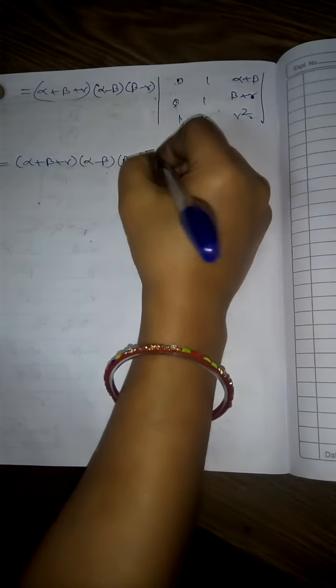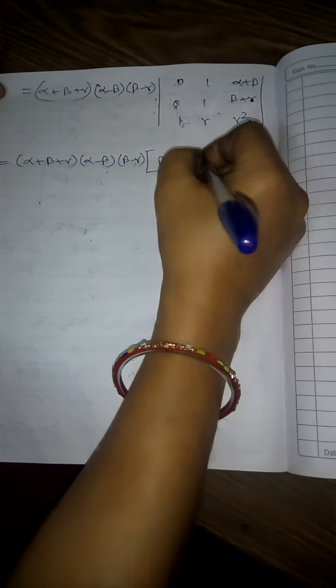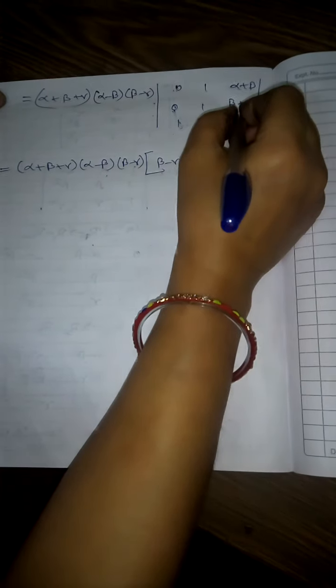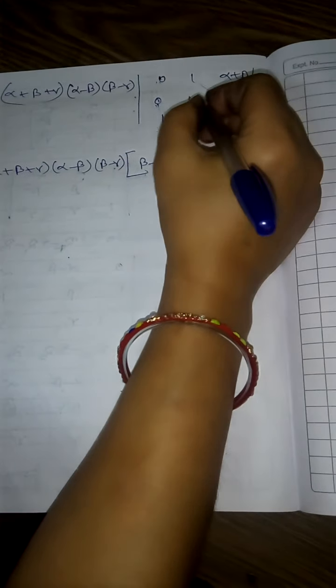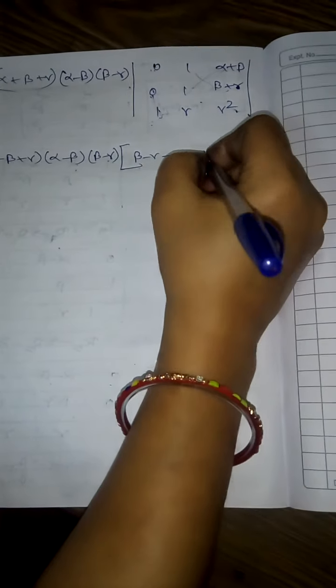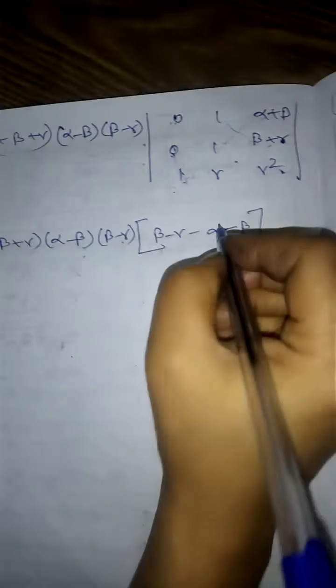What is coming here: beta plus gamma minus alpha minus beta, because beta plus gamma multiplies with 1 and the other term is multiplied like this. Minus beta is cancelled with this term, so we get alpha plus beta plus gamma into alpha minus beta into beta minus gamma.